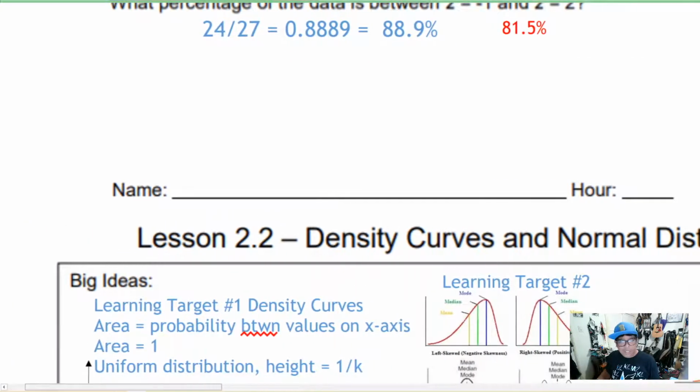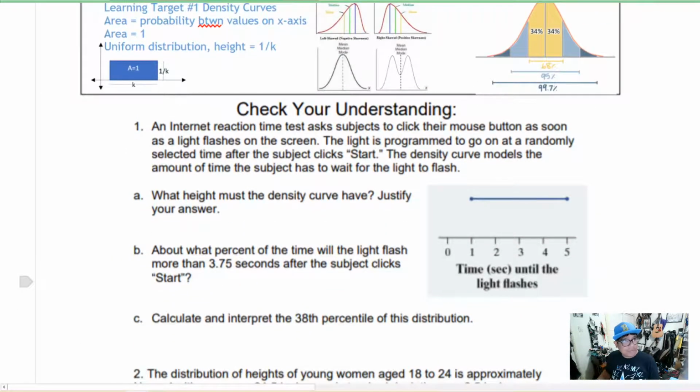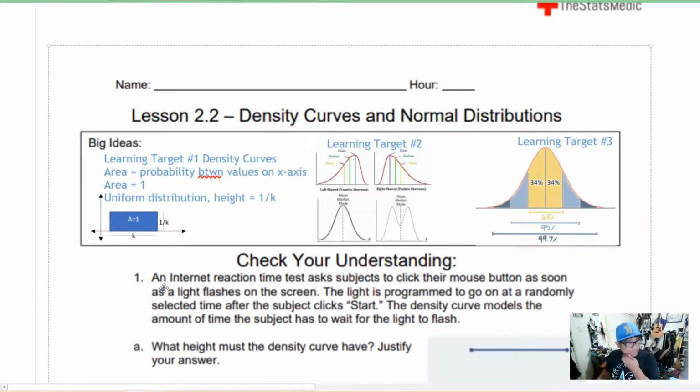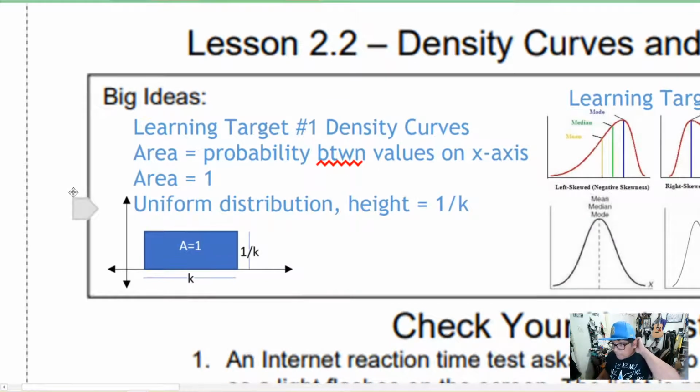our big ideas for this lesson. So what are the big ideas of this lesson? So first of all, we had this idea about density curves. Now, in a density curve, the area between 2 values and under the curve, the area is the same thing as probability.